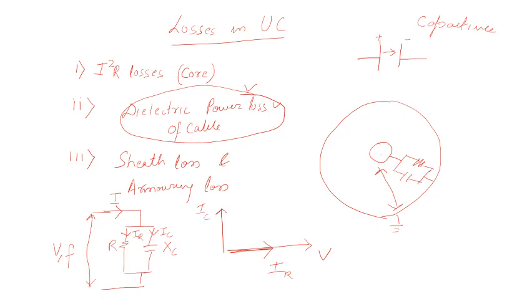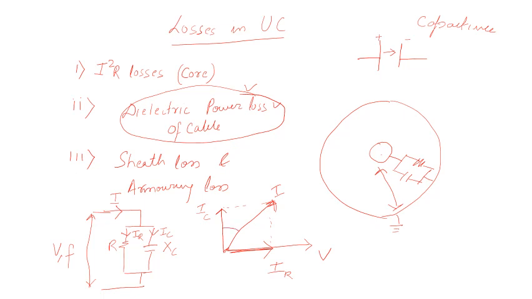Now if you sum it up, there will be a phasor sum. You will get the resultant current, and that resultant current will be I. So this I current is the resultant of these two.